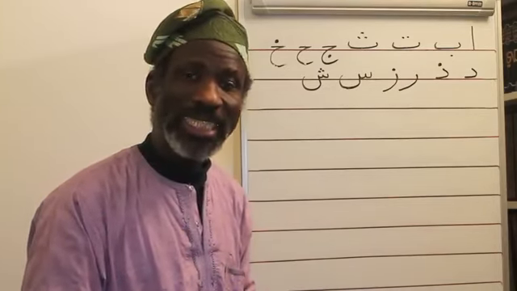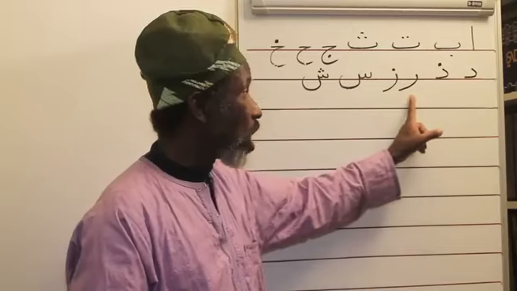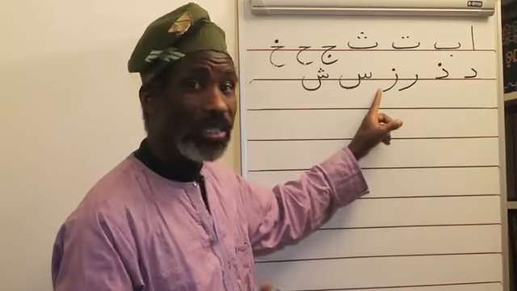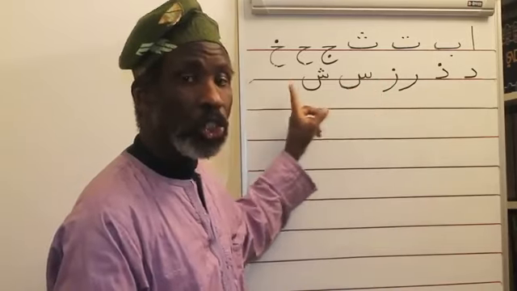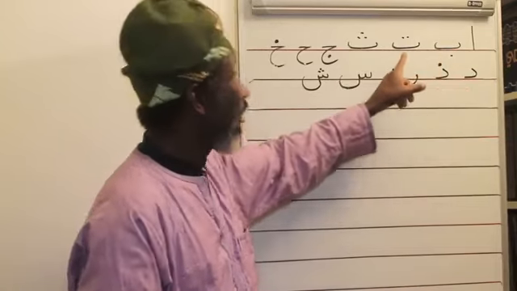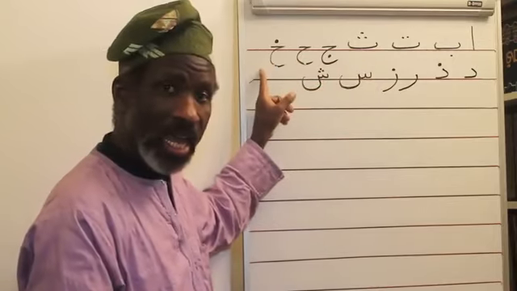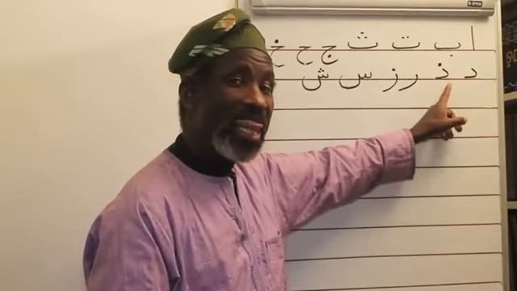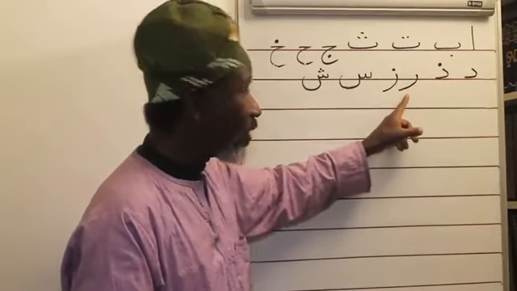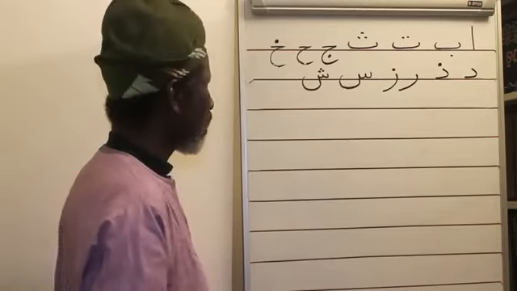Seen, sheen. Dal, val, ra, za or zain, sin, shin. Alif, ba, ta, tha, jim, ha, kha. Dal, val, ra, zain, sin, shin.